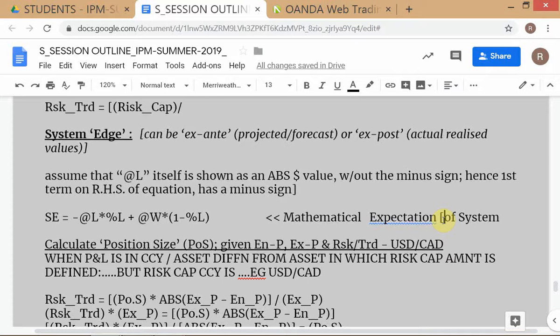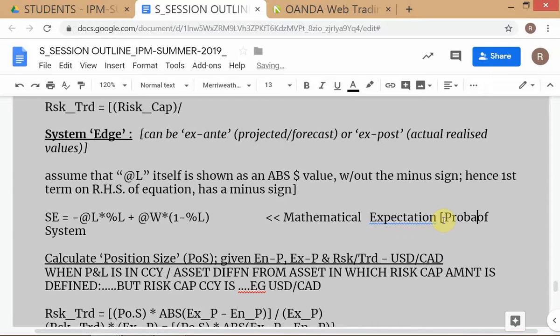But mathematical expectation is not really a new concept. It's the same as a weighted average, just now you're using the probabilities as the weights. Summation PiXi is the way we remember the formula from statistics: probability weighted average outcome.